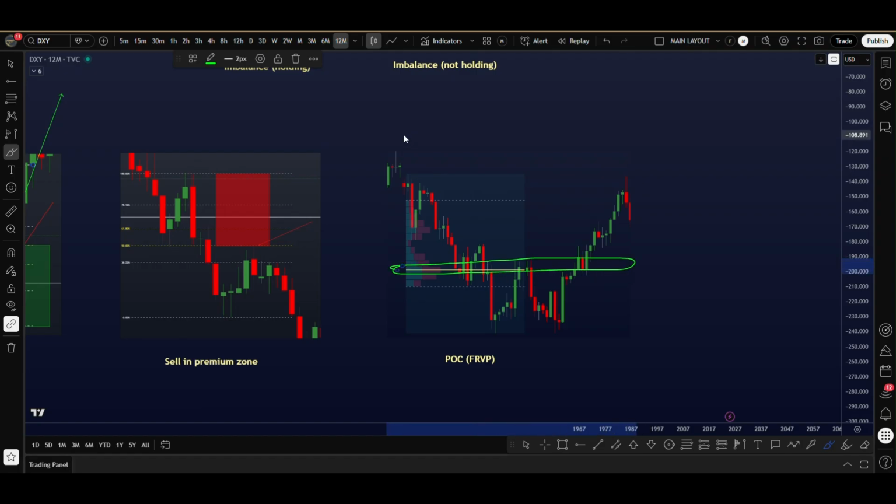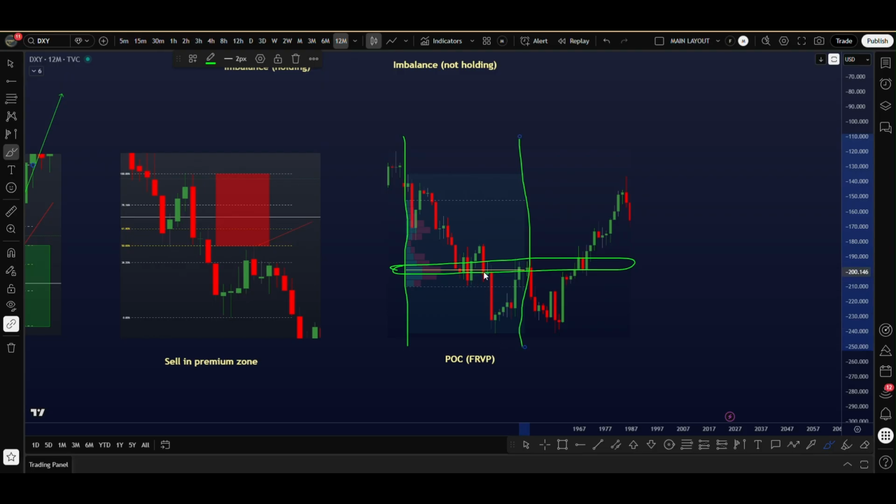I like to spot a range. You can see, because I didn't put the time, but I usually like to use the point of control from the last week or the last month because I am a swing trader, so I like to use the POC from the last week or the last month.